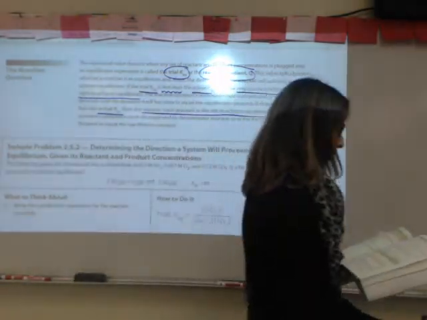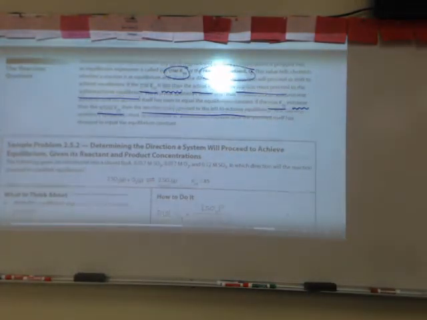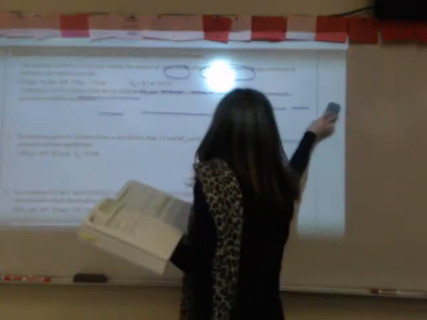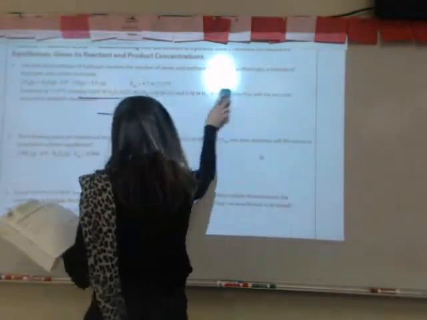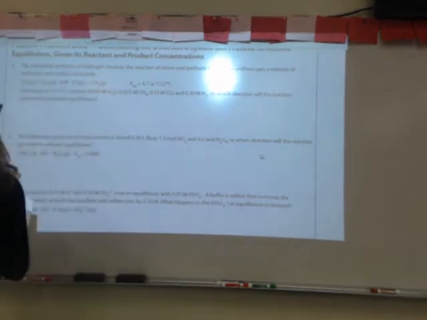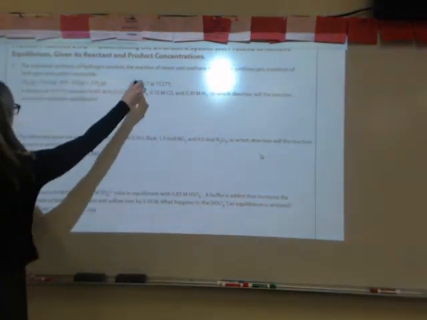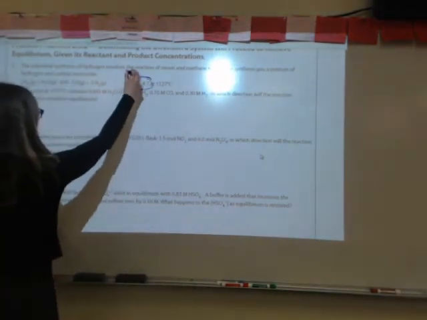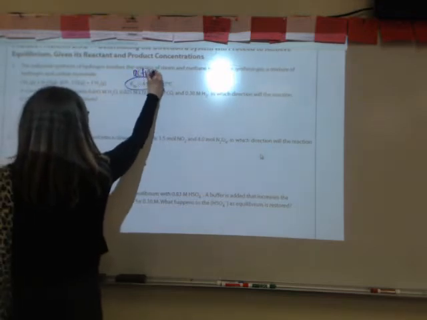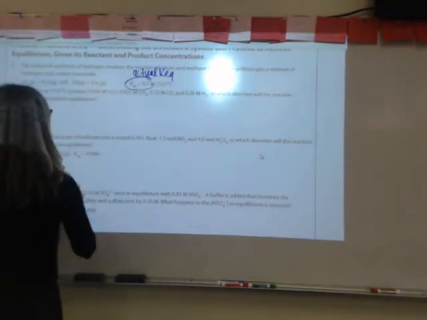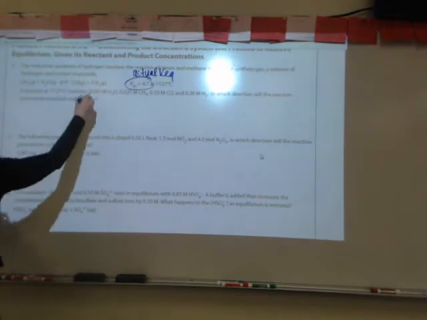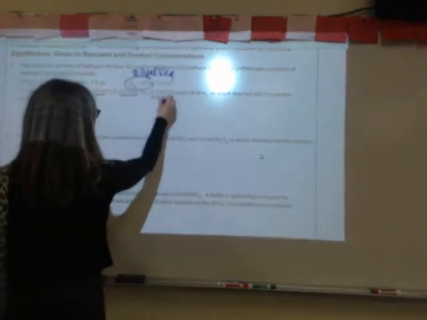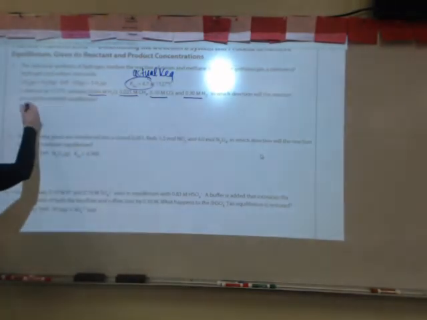If you take a look at the next set of practice problems here, we're given this reaction. We have the KEQ value, so this is your actual KEQ. And they gave you concentrations to calculate our trial KEQ.